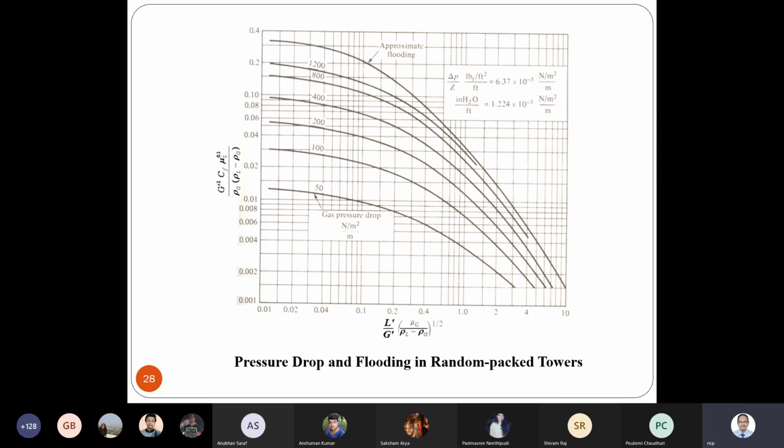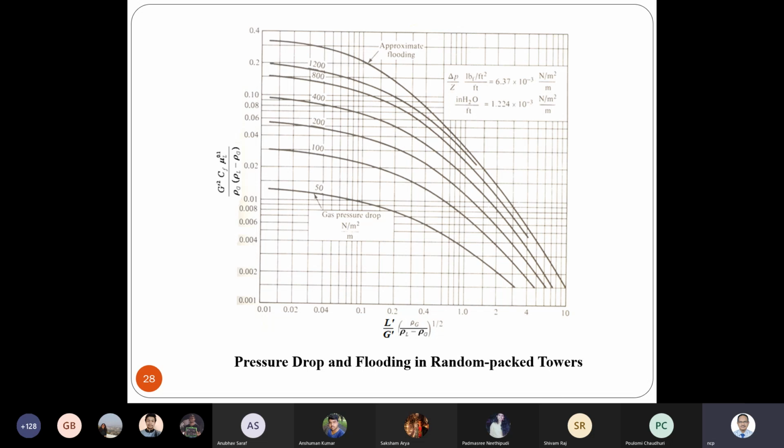So you know this CF, you know the liquid viscosity and the density values for gas and liquid phases, and knowing this value equal to this, you can find out G dash or G prime, that is the superficial gas velocity under flooding, right?